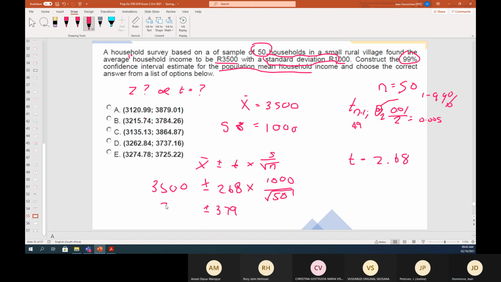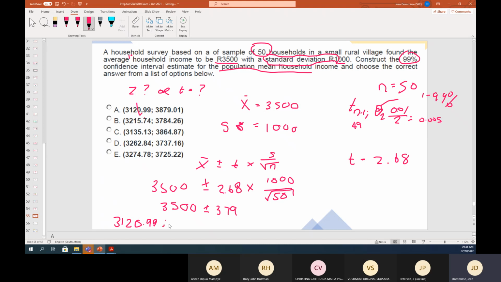So 3500 plus minus that. So 3500 minus 379 is 3120.99. Okay, so it's exactly that one.